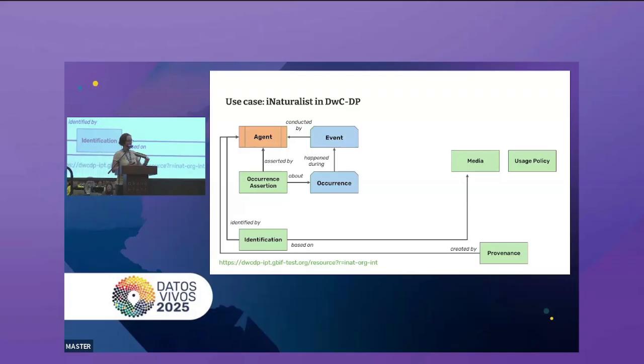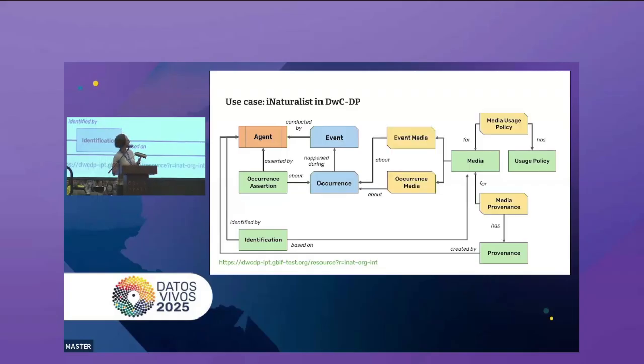The identification is also mapped to an agent, which, like I said, can be you or someone else. And the occurrence assertion is being made about the occurrence, which happened during the event. We're just going to keep adding more arrows and boxes, so brace yourselves.